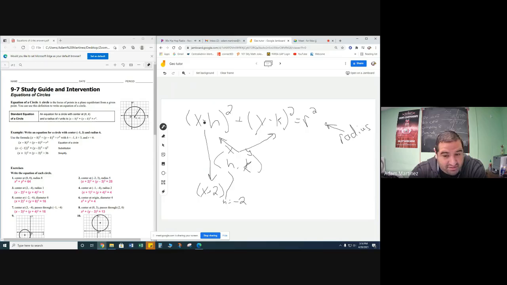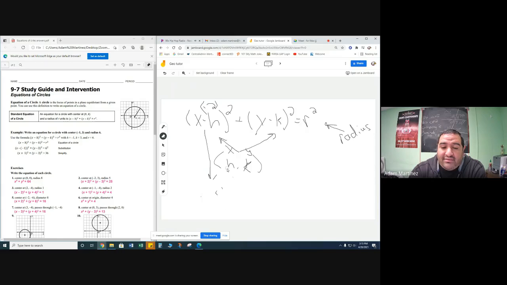Because the equation has a minus, in order to make this positive, this has to be negative: negative 2 in there gives a negative times a negative, which equals a positive. That's the biggest thing people get wrong. Let's keep going.